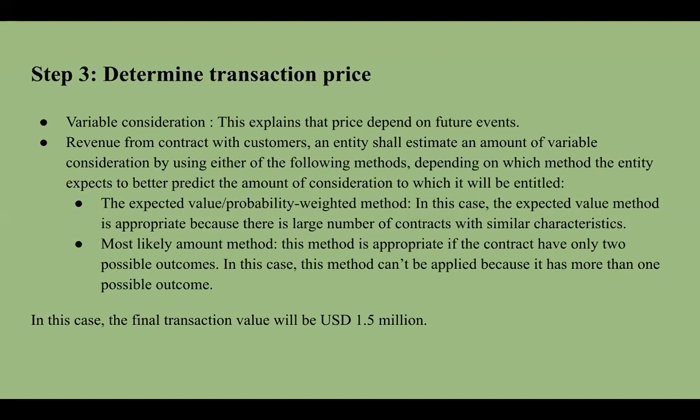Success fee is accrued if the download reaches a great number of times. The entity will be paid an extra stream. Variable consideration is recorded as variable only if it is probable that a significant reversal will not occur.